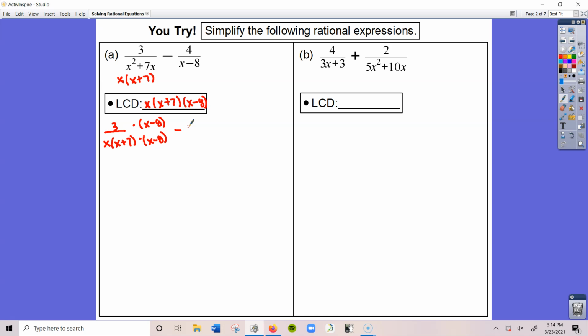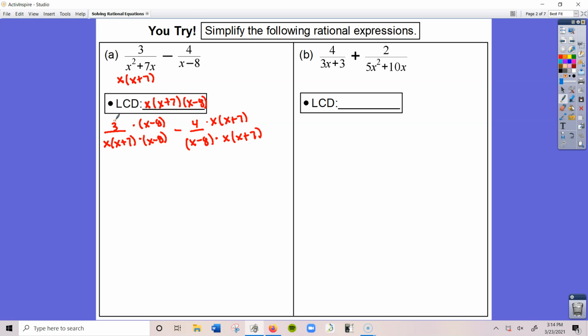And now minus, we have 4 over x minus 8. I'm going to have to multiply the other factors that I'm missing. I'm missing both the x and the x plus 7. So I'm going to multiply by x and x plus 7, both to the numerator and the denominator.